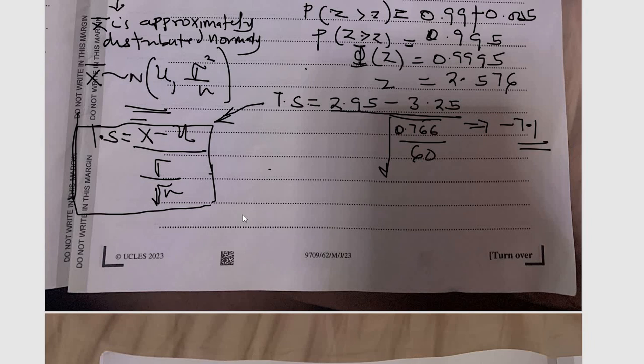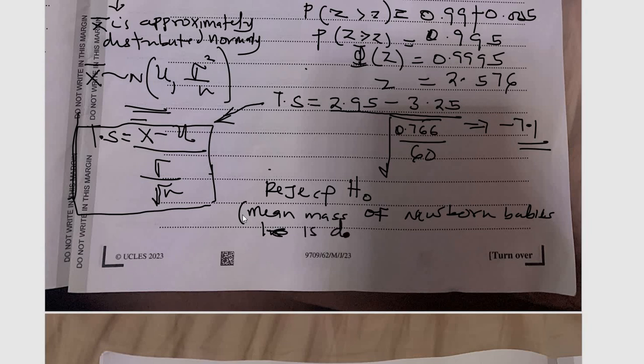So the conclusion is that we reject H0, which means they are not equal, which simply means the mean mass of newborn babies is different from that of country A. That's it. I believe it's clear.